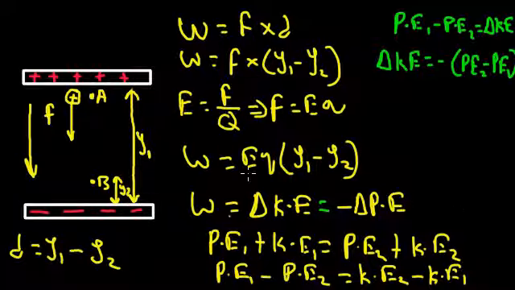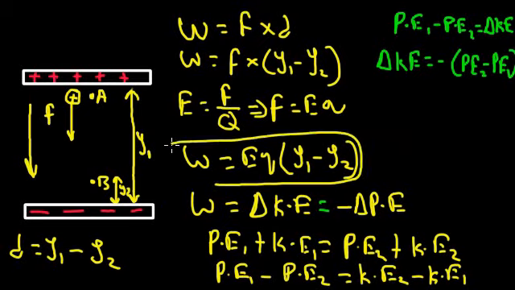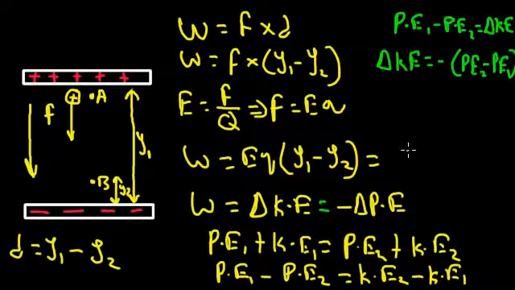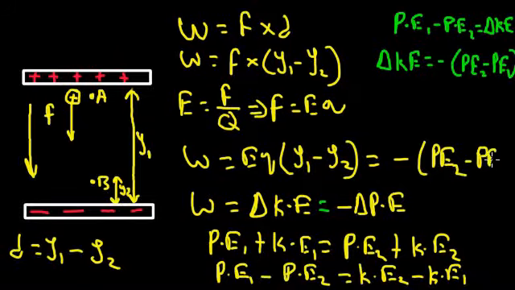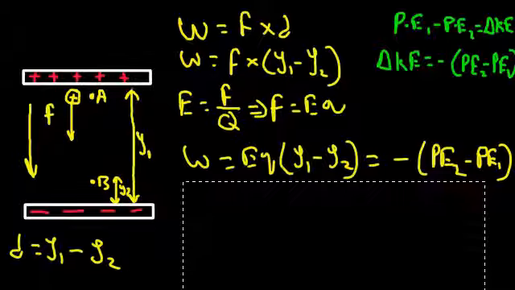Okay, so now work done is equal to EQ times y1 minus y2. So it's the same thing as negative, because don't forget we are finding potential energy, negative PE2 minus PE1. Perfect. So now let's bring this negative right here so we can solve for PE2 and PE1.